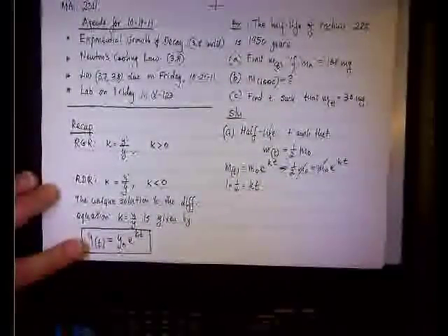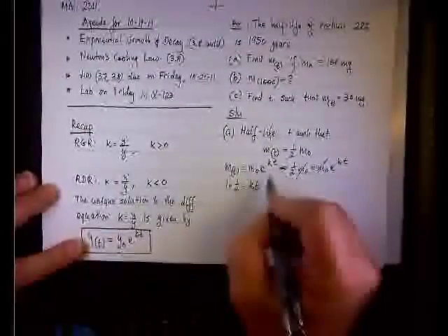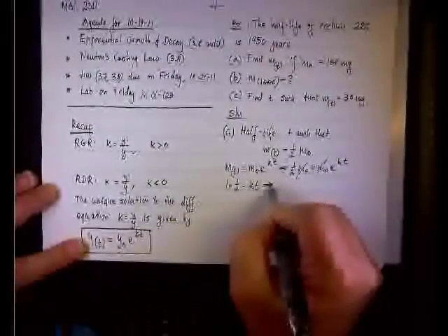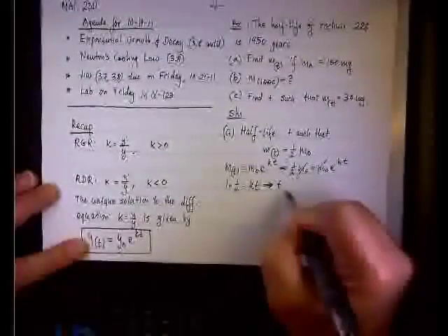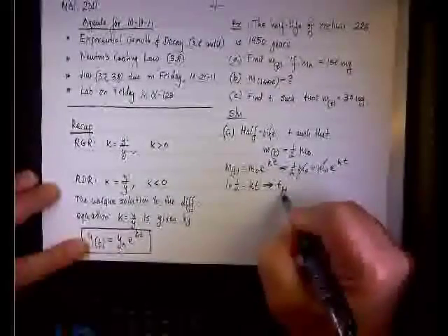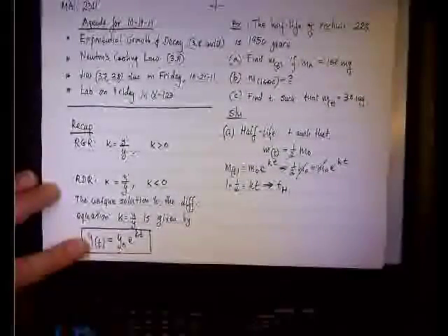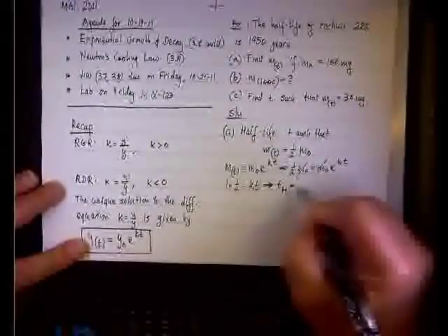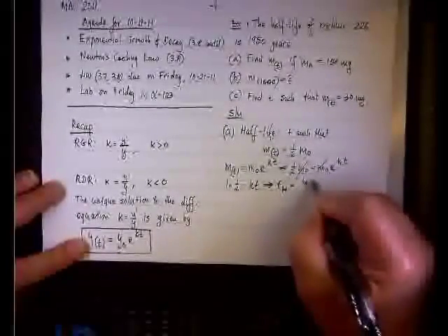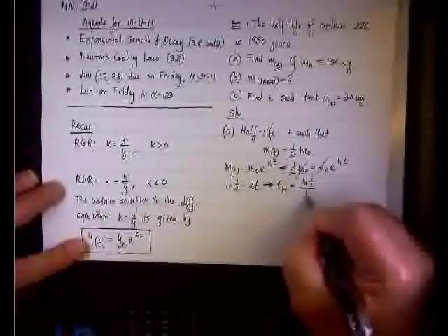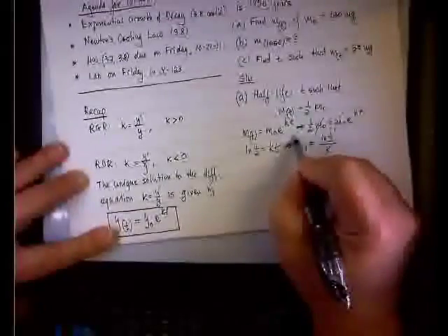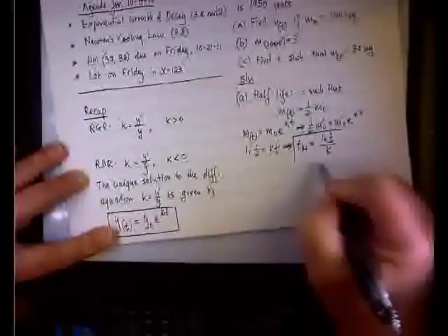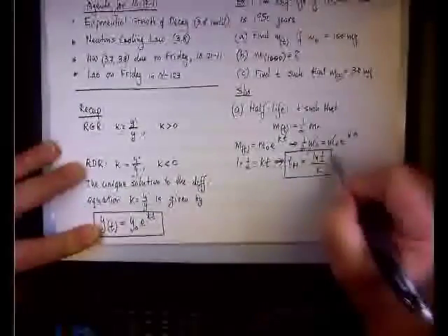And from here we can extract a formula for half-life, and I'll call it T sub h. H stands for the half-life, and T sub h will be the natural log of 1/2 divided by k. You may remember that from pre-calculus or college algebra, the half-life formula.